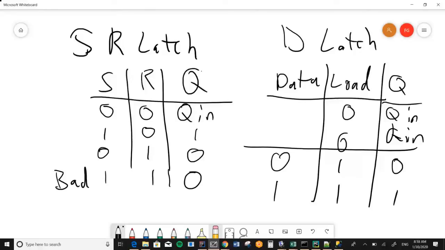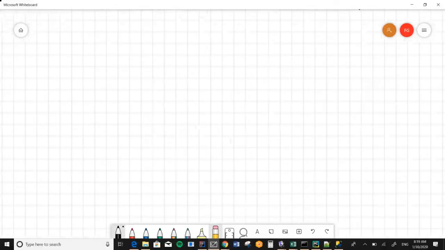And we found that, just by setting up a couple of logic gates, we could translate these data-load combinations into SR combinations. And that gave us this idea of the D latch, the data latch. So that was sort of the second phase of making this all work. The third phase is recognizing that all of our memory updates need to be synchronized.